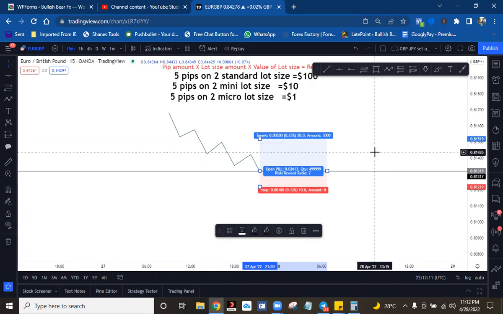Grab your calculators, guys, and tell me how much am I risking and how much am I targeting? Or if you're done with your calculation, turn on your mic and talk to me. I said, I'm using two standard lot size. I'm risking 10 pips and I'm targeting 20 pips. How much am I targeting and how much am I risking?